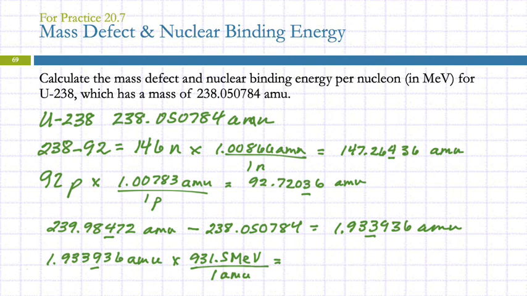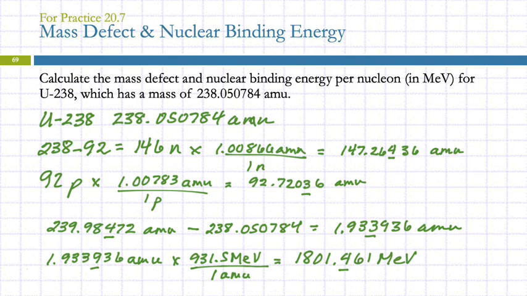We're getting 1801.46 mega electron volts. So that's the total binding energy for the nuclide.